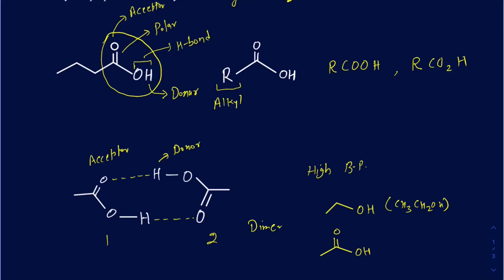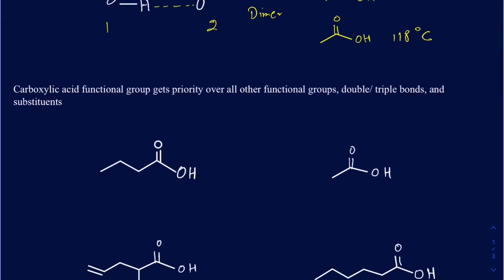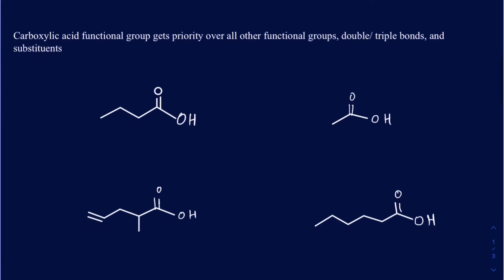The boiling point of ethanol is roughly 78 degrees Celsius, and the boiling point of acetic acid is 118 degrees. So there is a big difference just because of the presence of two hydrogen bonds, and this existing in a dimer form.